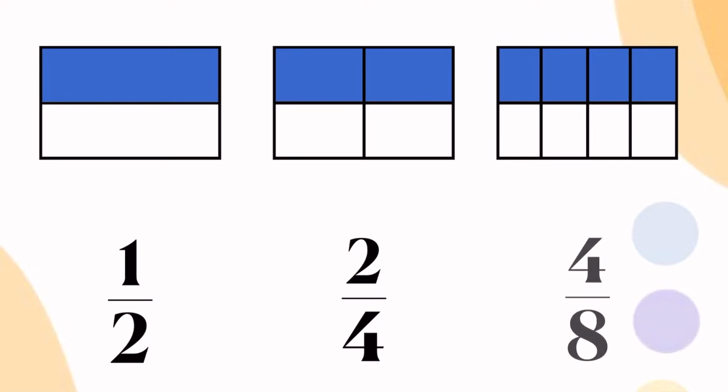Very good, it is 4 over 8. So now, can you see? These 3 fractions represent the same thing, so they have the same value. That's why you can say 1 over 2 is equal to 2 over 4, and 2 over 4 is equal to 4 over 8, even if they have different numerators and denominators.